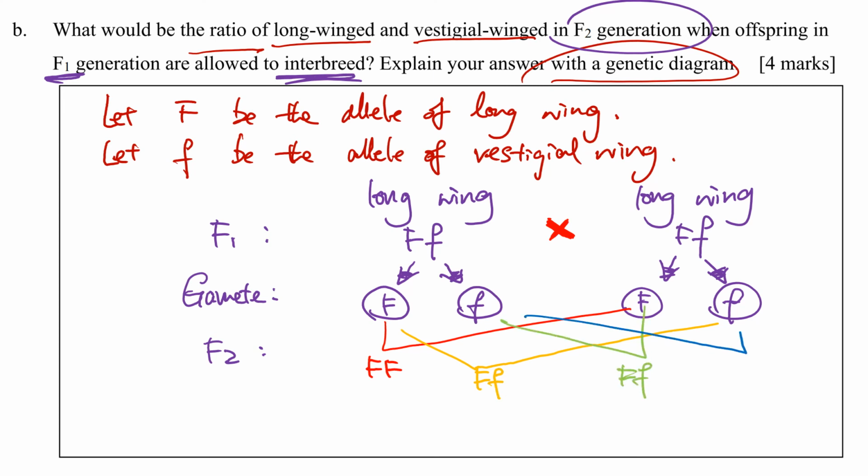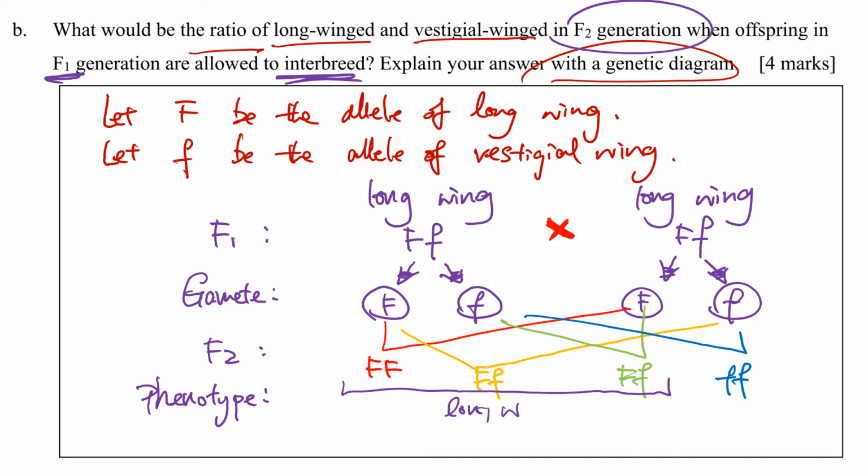Last but not least, after joining, you will be able to tell how these offspring look. What are their phenotypes, their character? The character for the first 3 should be that all of them have long wing, while the last one should be vestigial wing.